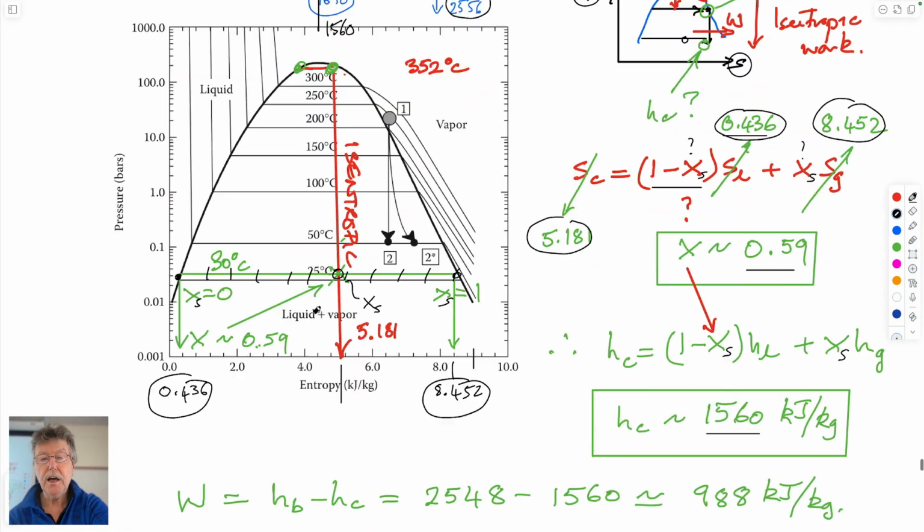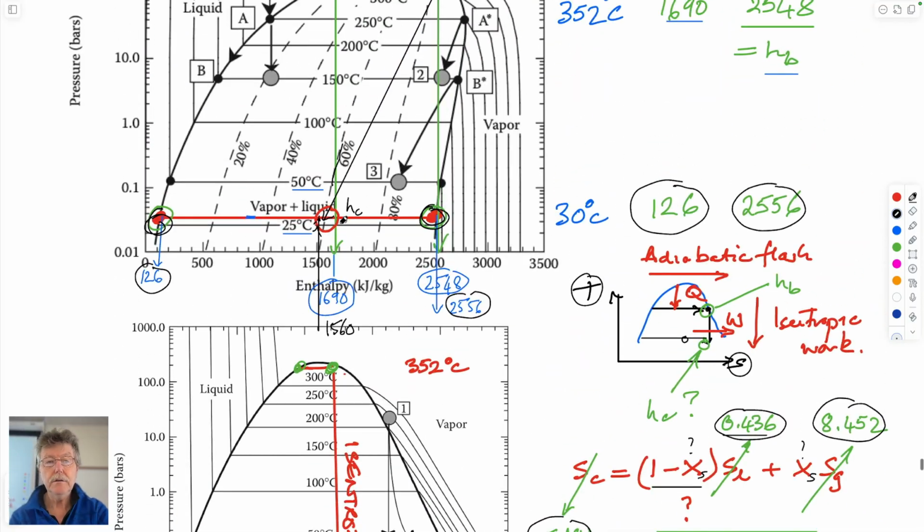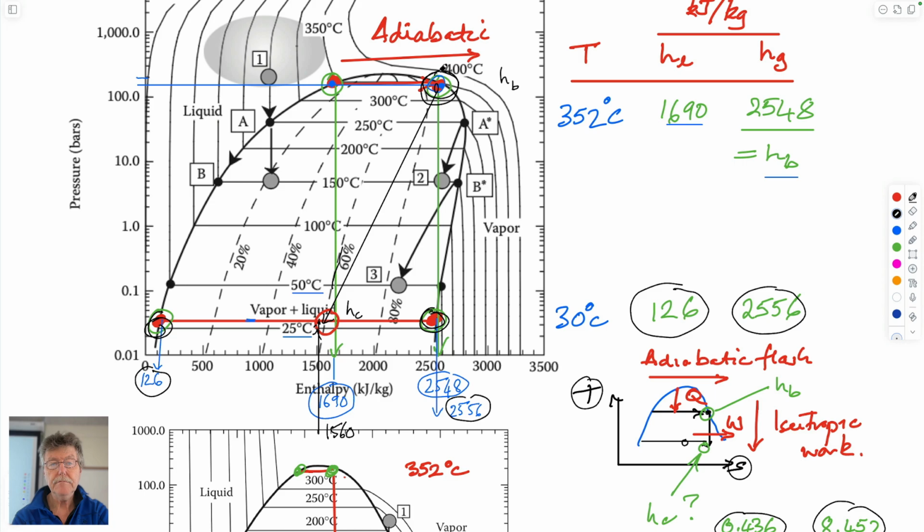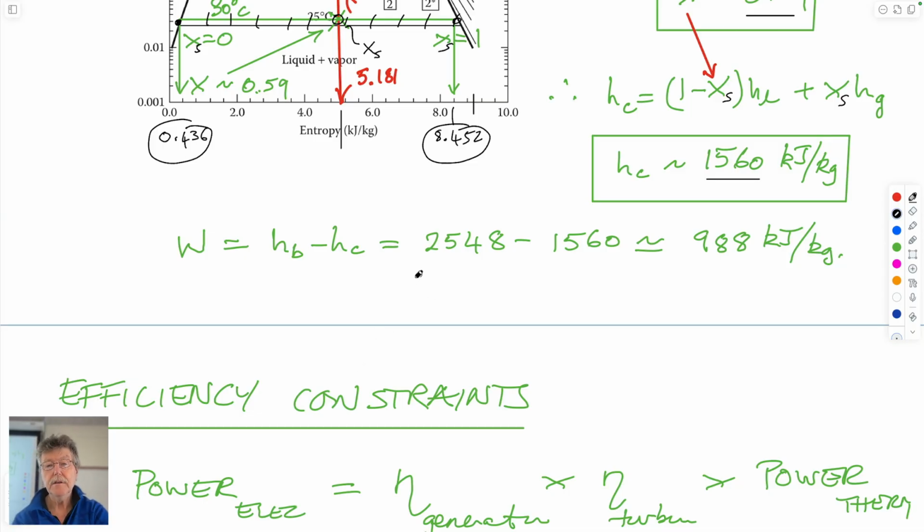And so the punchline is, if we know the enthalpy at this point here, we can calculate the difference between them, which is what comes in from the geothermal reservoir at H sub B, what goes out of the turbine at H sub C, and that's approximately equal to 1,000 kilojoules per kilogram.